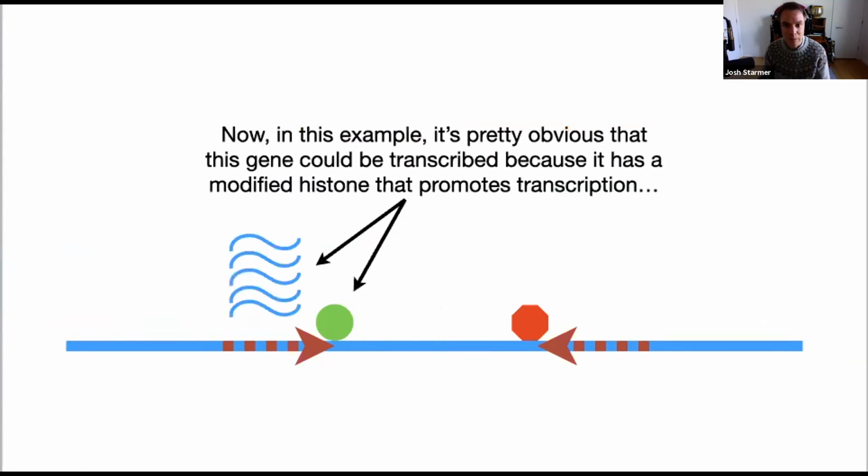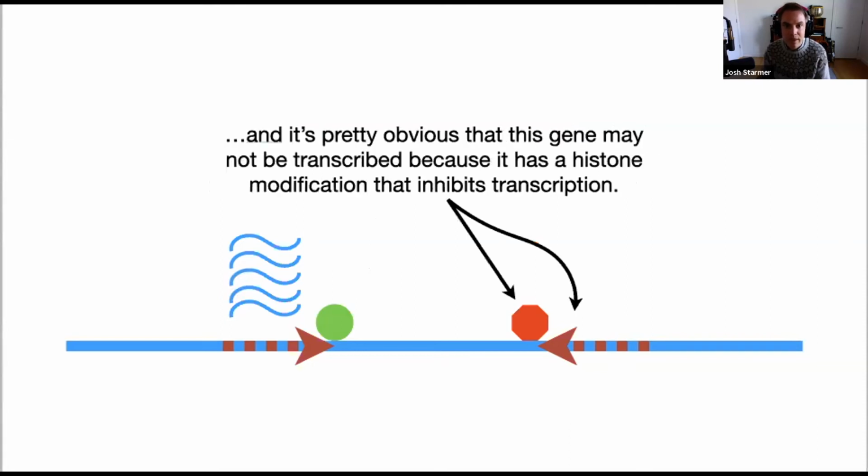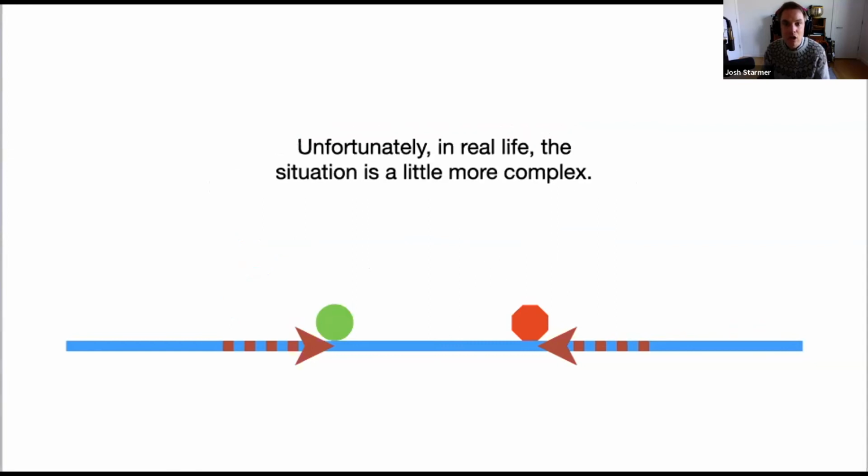Now, in this example, it's pretty obvious that this gene could be transcribed because it has a modified histone that promotes transcription. And it's pretty obvious that this gene may not be transcribed because it has a histone that inhibits transcription. Unfortunately, in real life, the situation is a little more complex.